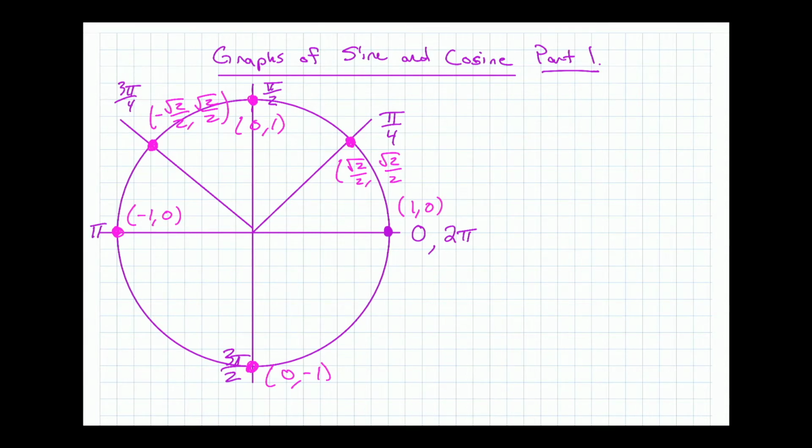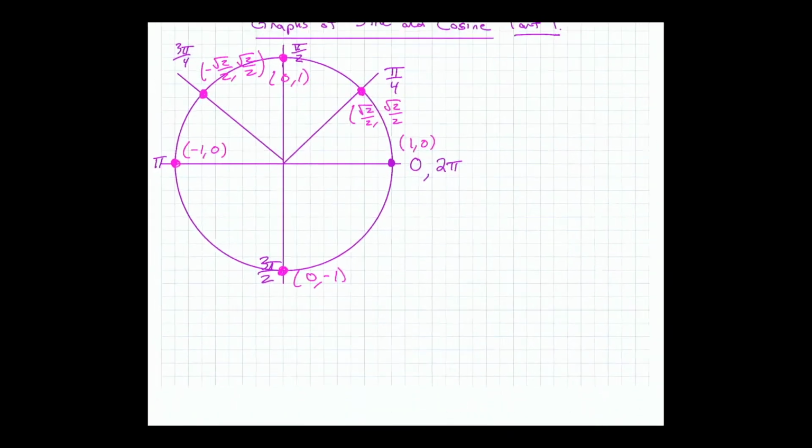So I've got those points labeled here on my graph. Now, what that lets you do is make a graph of the function y equals sine x or y equals cosine x. So let's make those graphs.